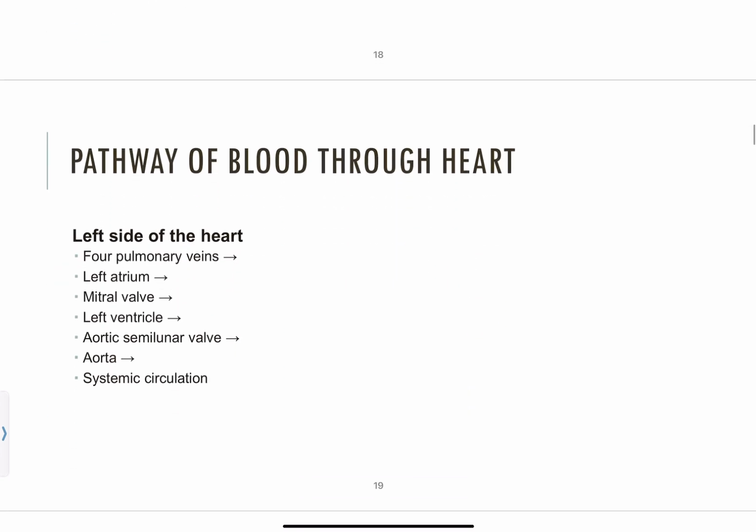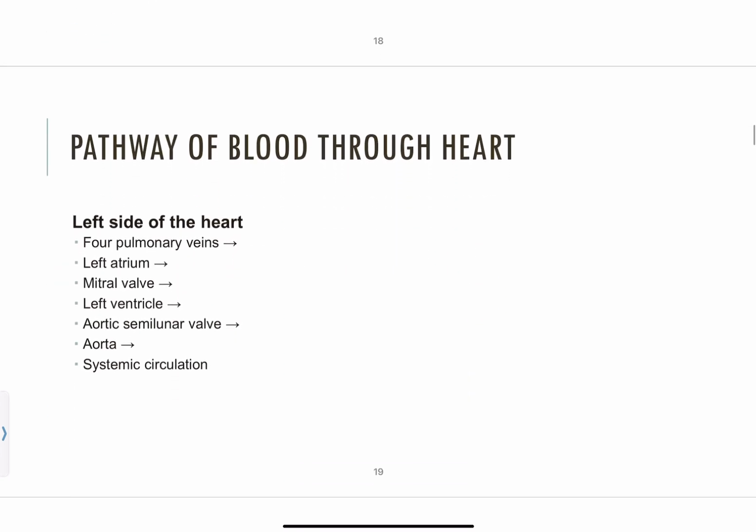The left side is the systemic circuit pump. So once we've picked up the oxygen and dropped off the carbon dioxide, we're going to return the blood to the left side of the heart via 4 pulmonary veins. We have 2 on the right, 2 on the left. They don't have specific names, but they're going to drain and basically dump all this high-level oxygenated blood into the left atria.